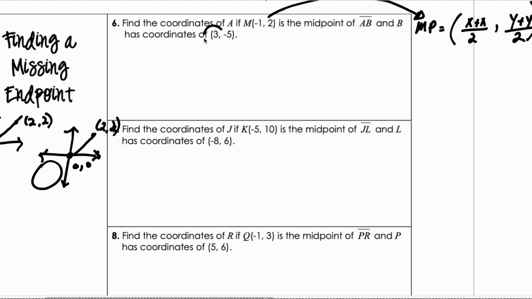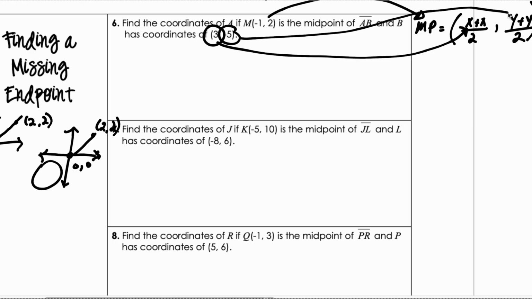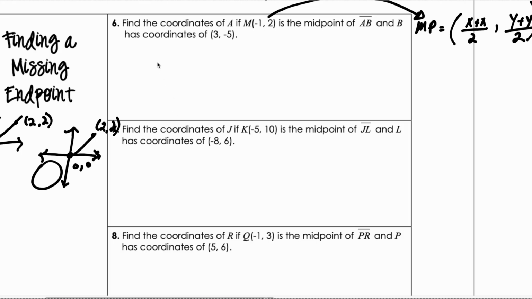And we have our x, okay? We're going to plug that one into x. And we have our y's, okay? So we can plug that in right here. We have y. So you can use the midpoint formula, right, to plug in what you have and find your missing variables. Okay, so let's take a look at how that might look.